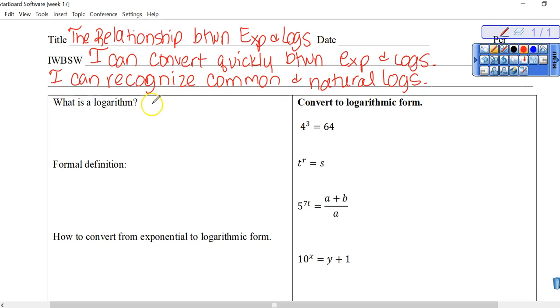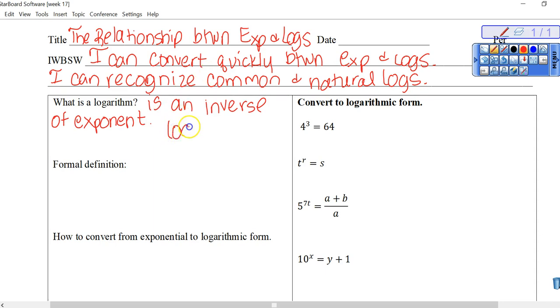So what is a logarithm just in general? A logarithm is an inverse of an exponential. And it looks like this.